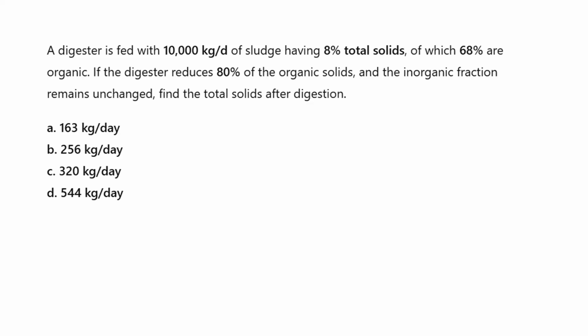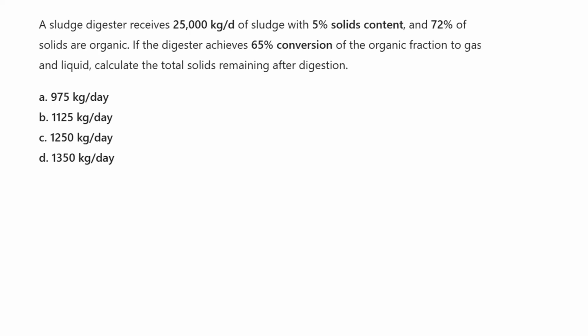Okay. In this, your fixed solids are going to remain after the digestion also. It's not going to change. And in the volatile solids, 65% is getting destroyed, that is what is given in the question. That was for the previous question; I have changed the slide now.